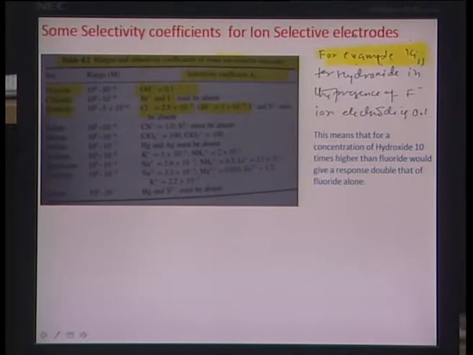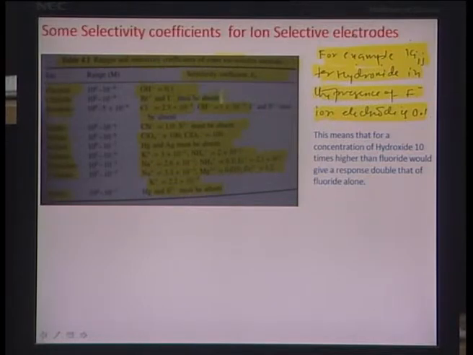So this table really is a summary of the selectivity of a primary ion of interest over the several interfering ions, which are mentioned here in the extreme left column of this table, and the selectivity coefficients are individually mentioned here in the third column.